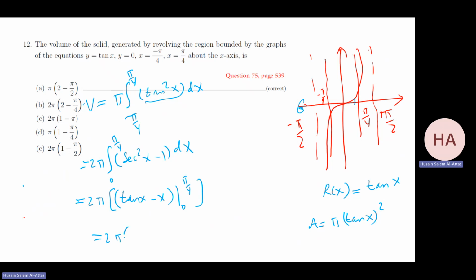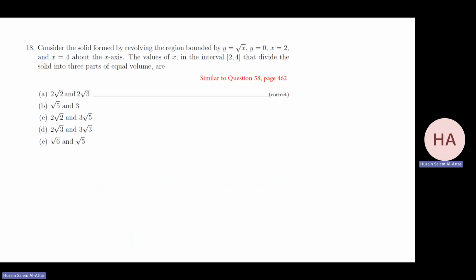That will be 2 pi times 1 minus pi over 4. Tan 0 is 0. I can take pi as a common factor. I have 2 minus pi over 2.